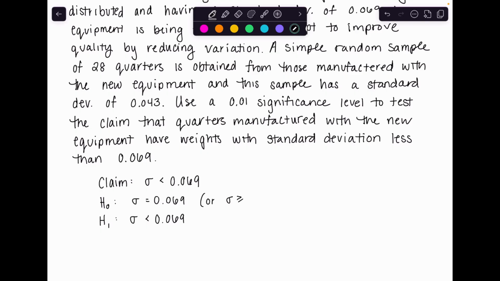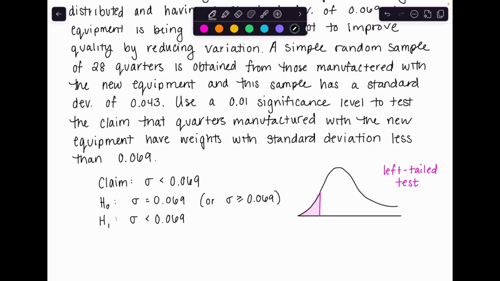So our standard deviation is greater than or equal to 0.069. Since our alternate has that less than symbol, we're going to be looking for a rejection region over here. And we want to see, is what we found significant? So this is a left-tailed test.